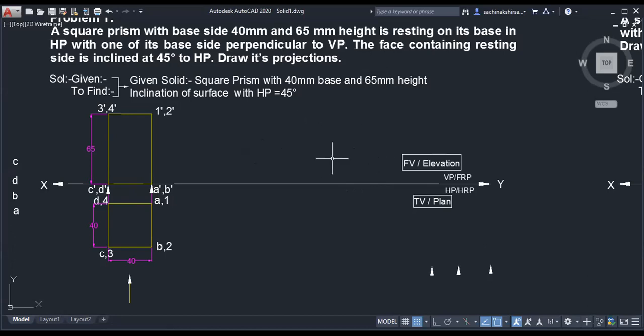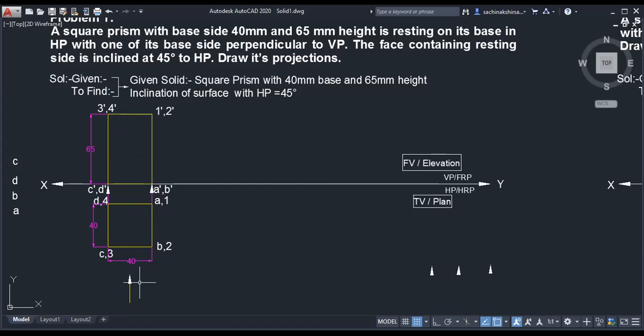Now you tell me which face contains that resting side. Before that, which is the resting side of this square prism which we have drawn towards the right? AB. Okay, that will be side AB. Now which will be the face which contains this resting side?